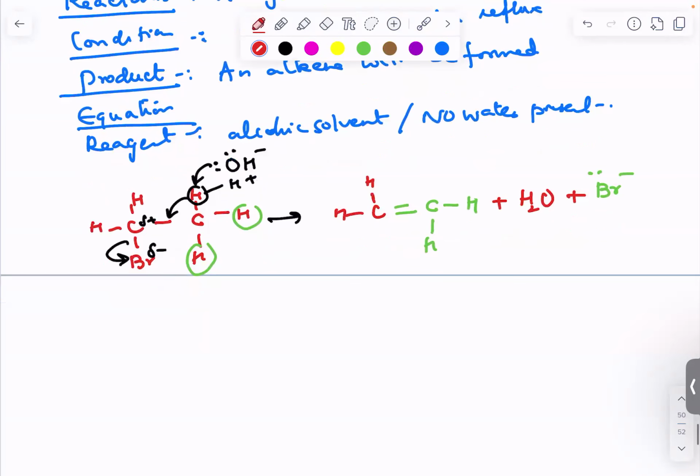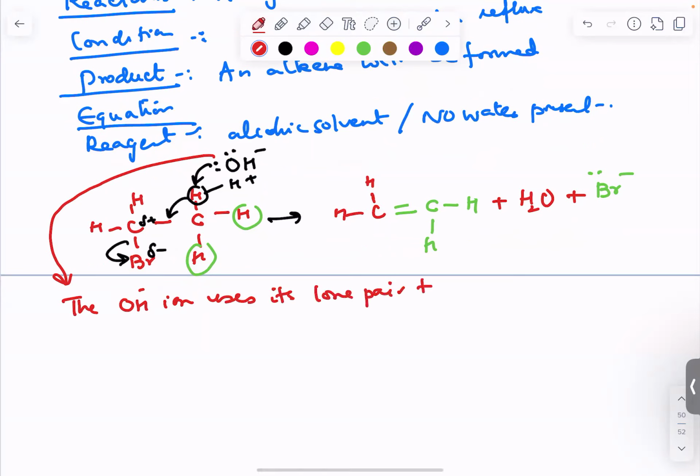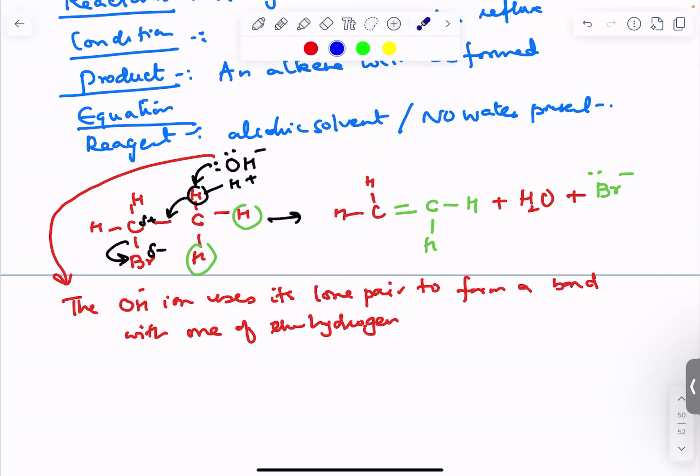Yeah. All right. So actually what happens, I'm talking about this OH ion. The OH ion uses its lone pair to form a bond with one of the hydrogens. Which hydrogen, beta? This hydrogen. All right.